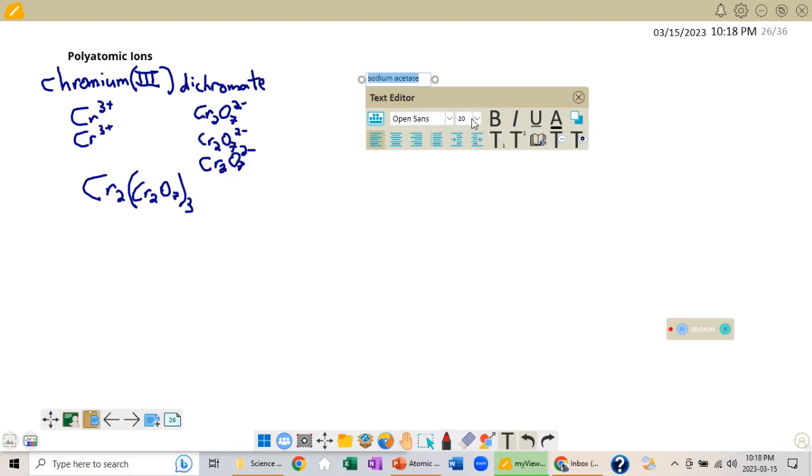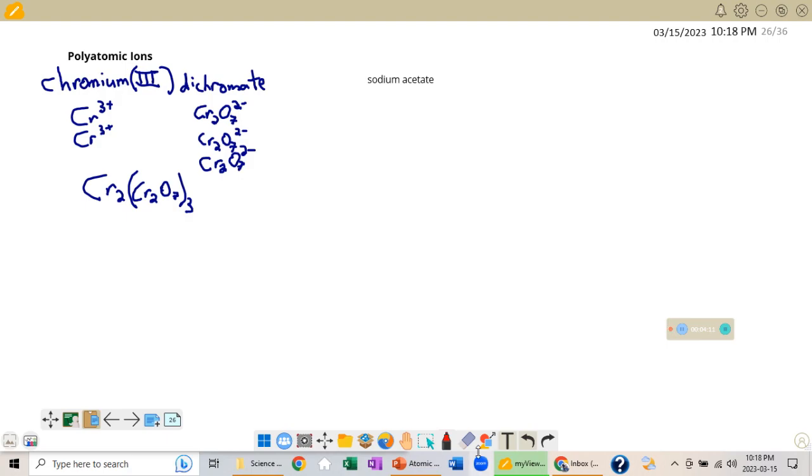Make it slightly bigger, maybe. There we go, lovely. So at this point, I find sodium on my periodic table, and I say, oh, good. It can only be Na+. Hooray, I don't have to worry about Roman numerals.